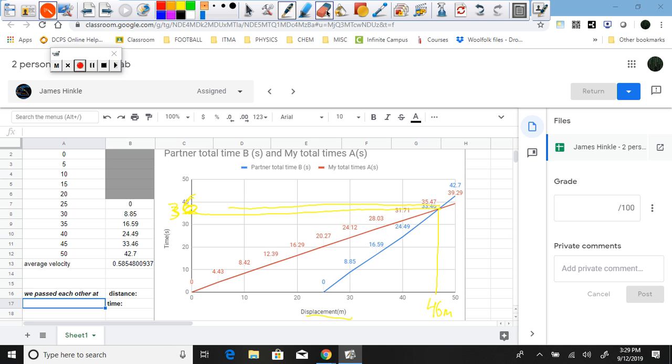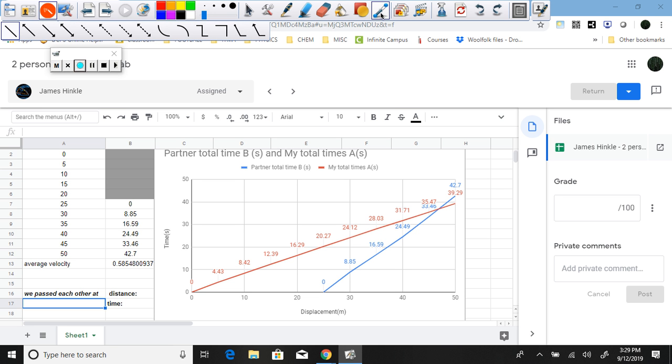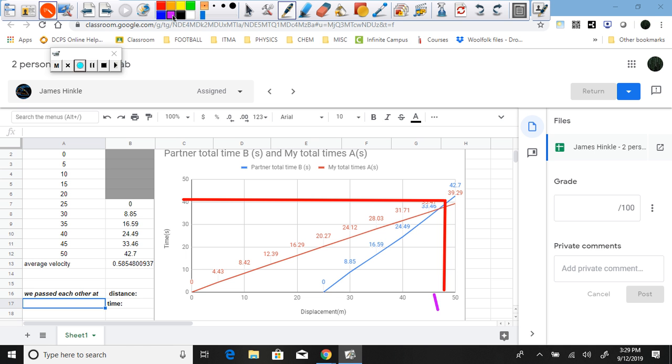Straight line, right there, and right there. That's about 46 meters, and about 36 seconds.